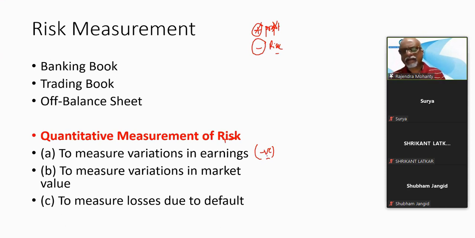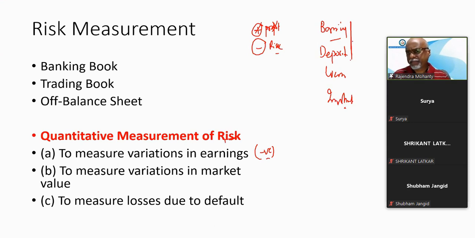So this earning difference is a very simple thing, because you take the deposit side, the loan, or investment. These are the three basic things for which the bank is either paying interest or earning interest. And borrowing is also there. So now deposit and borrowing both together.